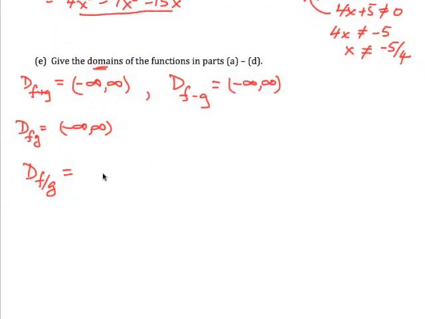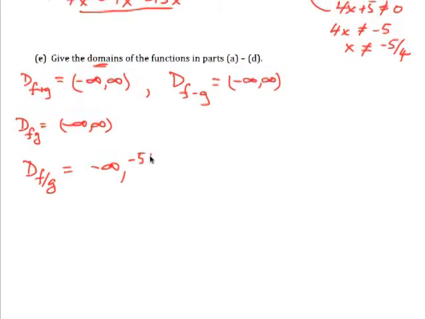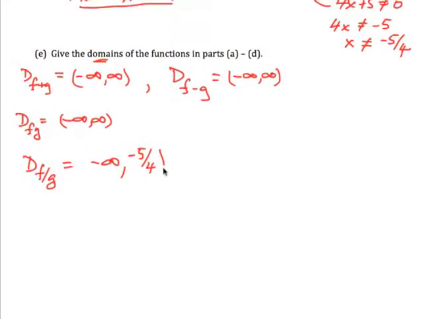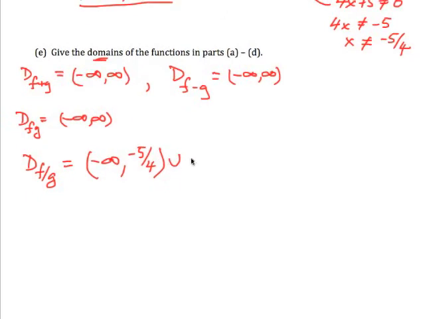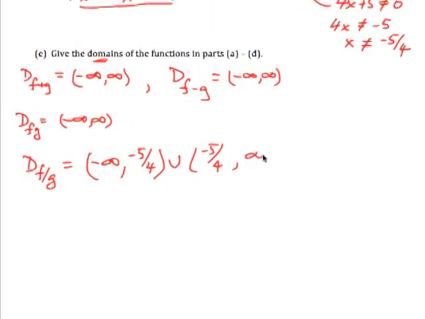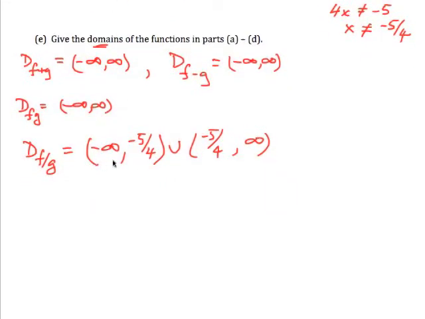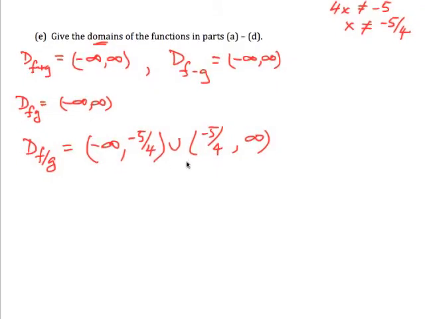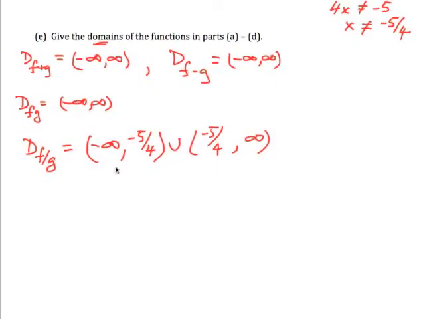And so consequently this will be from negative infinity to negative 5/4, not including negative 5/4, combined with negative 5/4 to infinity, again not including 5/4. So we've omitted the 5/4, and this will now be the domain of the function f divided by g.